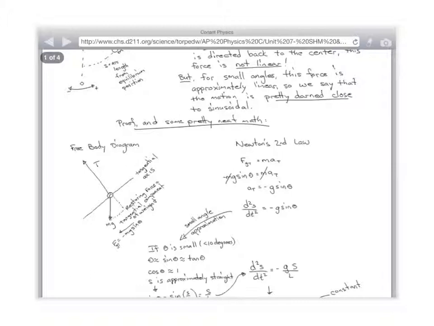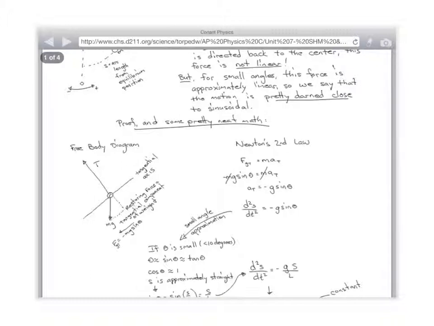All right, cool. We can cancel some stuff. M goes away, one of the L's goes away, and we're just left with g sine theta equals L alpha, which is a nice, simple equation.